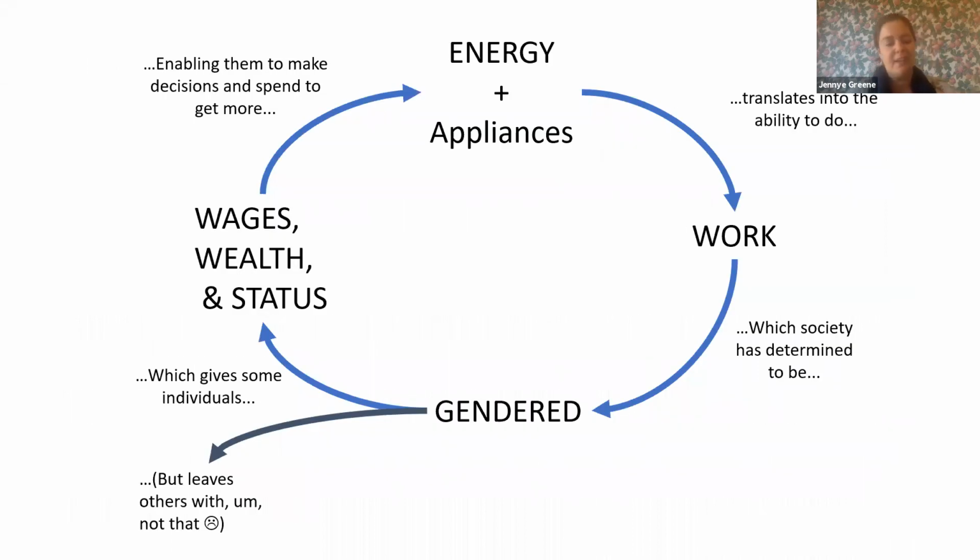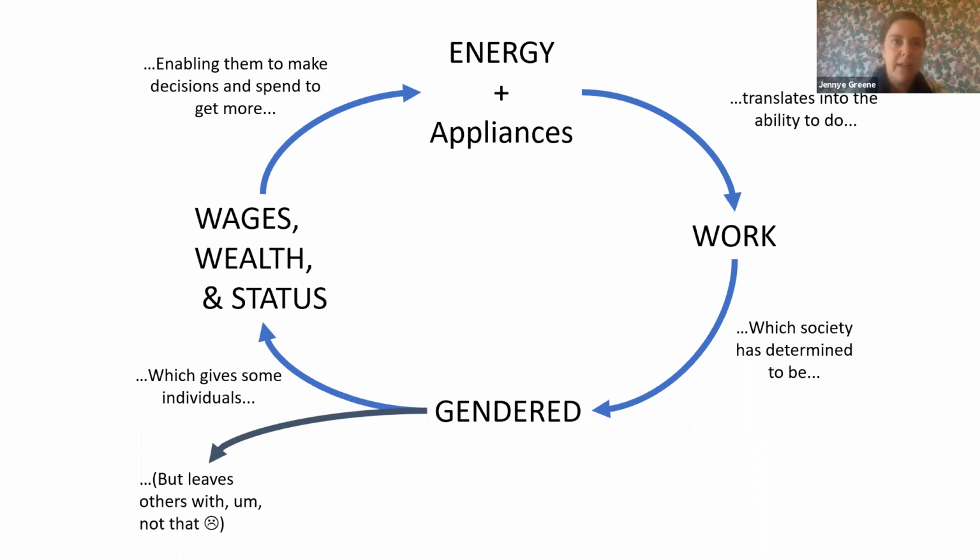So, from any elementary physics class, I think we've all had teachers that have said, energy is the ability to do work. So here I've put at the top, energy plus appliances translates into the ability to do work. And oftentimes society has determined that work is gender segregated. So some people work and they receive monetary compensation. They're able to accumulate wealth. They receive a lot of prestige.